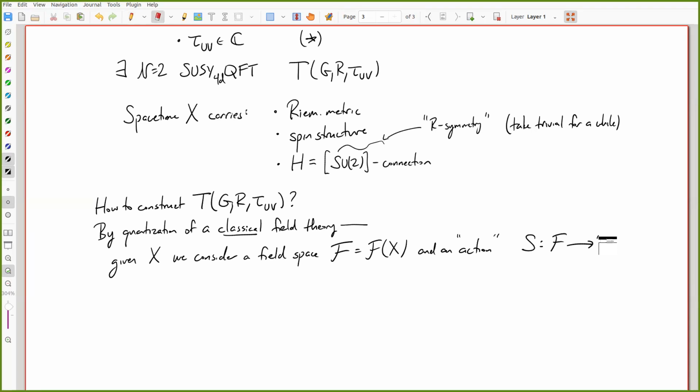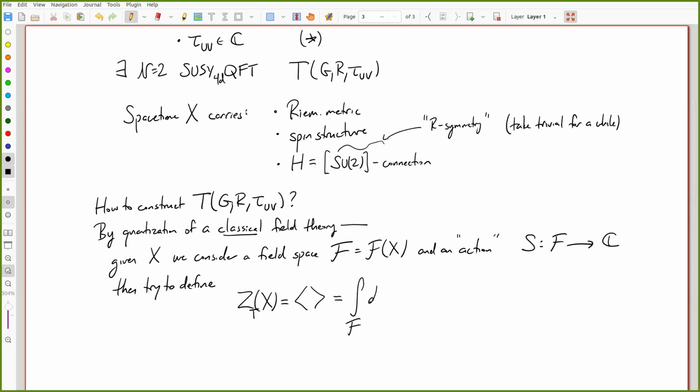Let's say to C. I don't know why I wrote R. And then we try to define, first of all, the partition function Z_T of X, which I wrote like this, as the integral over the field space.